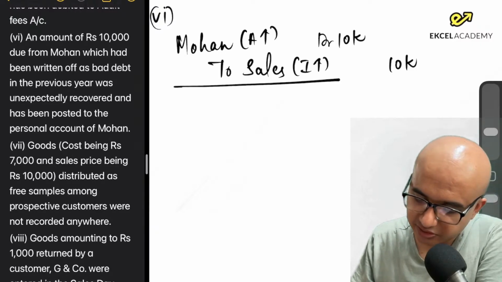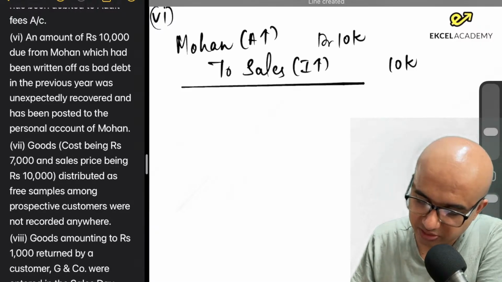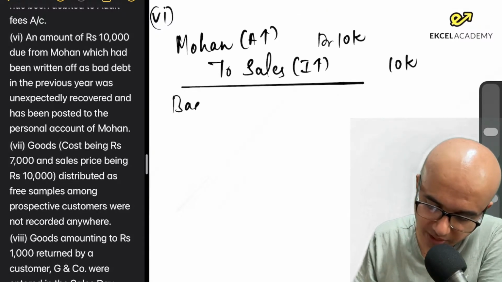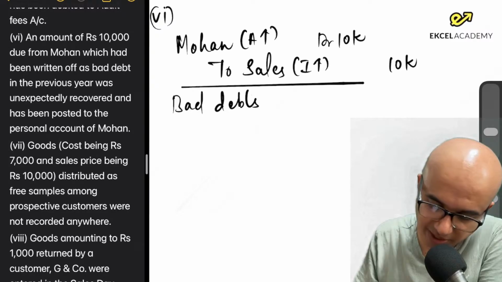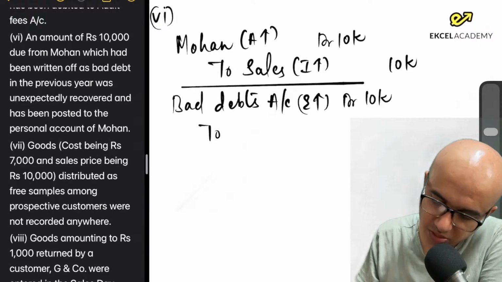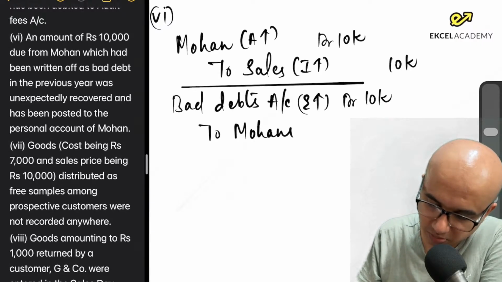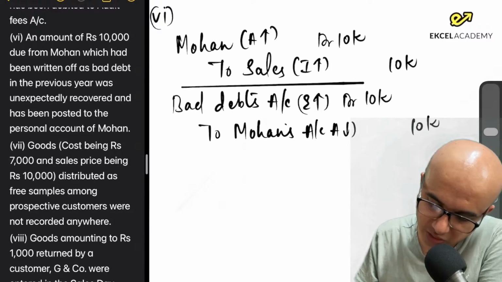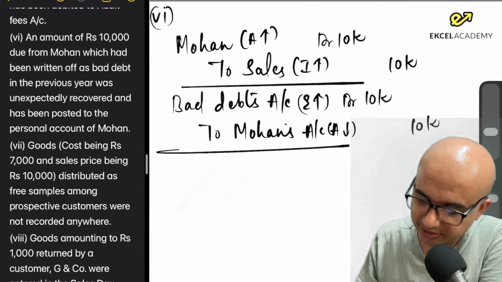He didn't pay this. We realized he will not pay because he has been declared as bankrupt. So what did we do? We wrote off that amount which was due from him as bad debts. Bad debts account, that is increase in expense, debit 10,000 to Mohan's account, 10,000. Decrease in asset. That is a loss to us. What? Bad debts is loss.